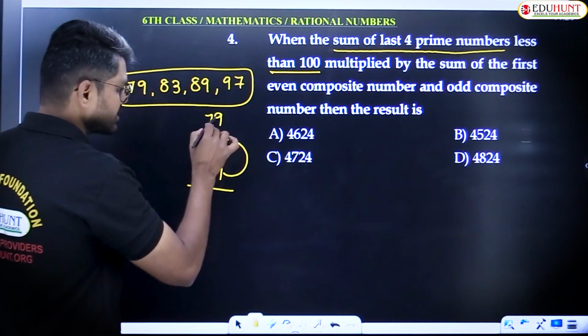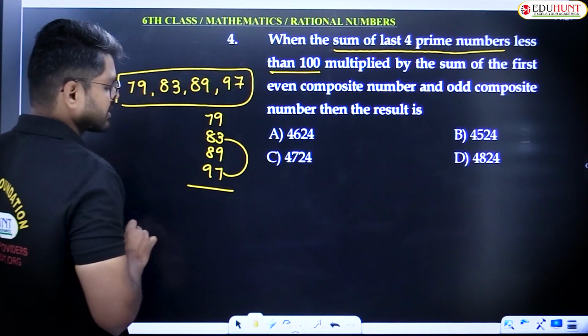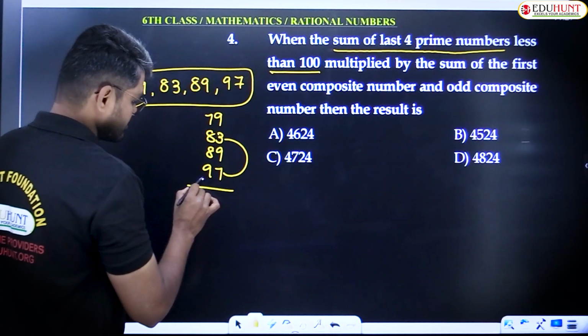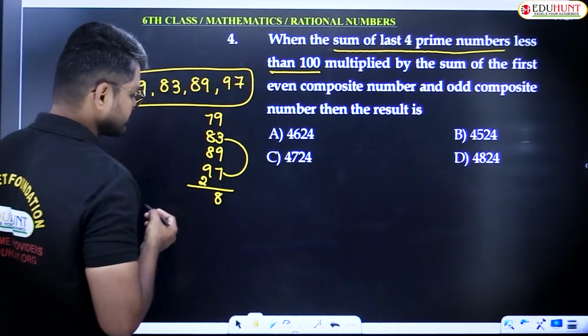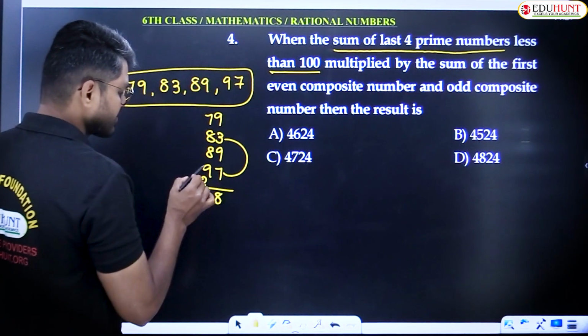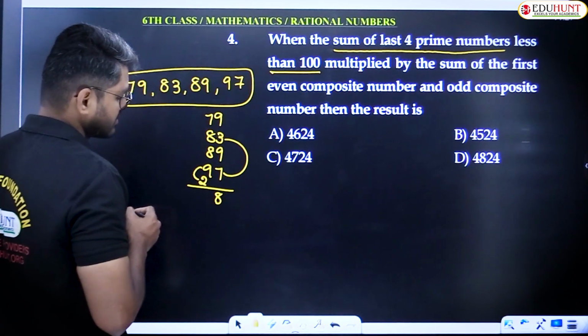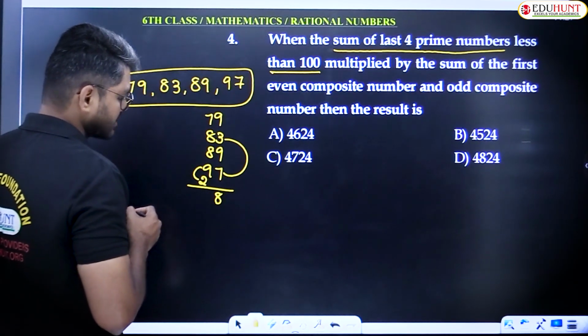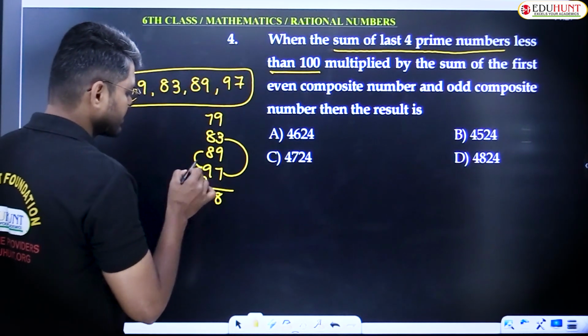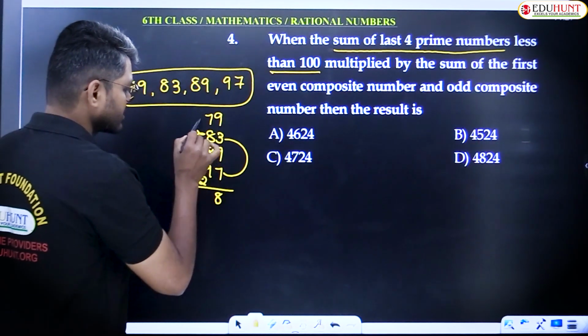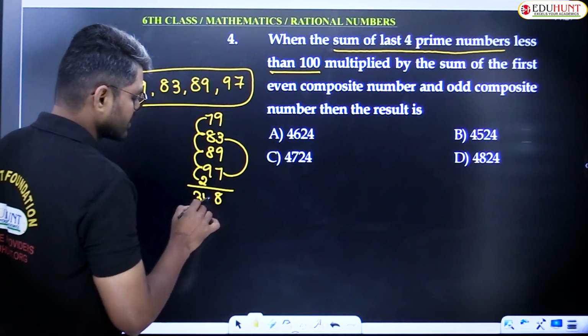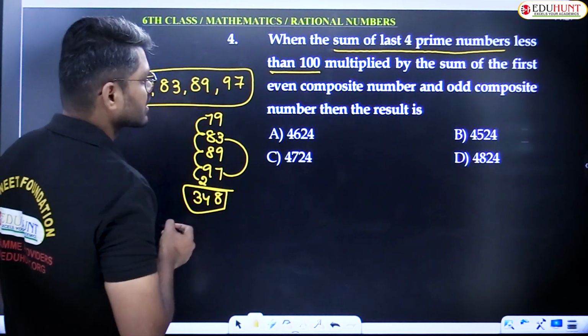This is 10, 10 plus 9 is 18, 28. The sum is 348.